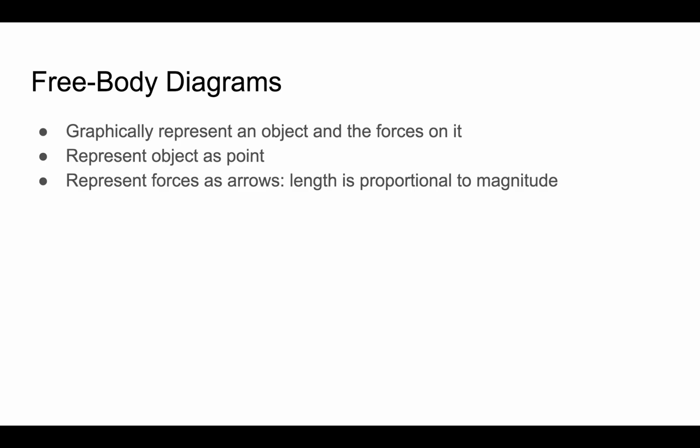So we'll draw the object as a point, and then each force is an arrow that points from the point outward. The length of the arrows is proportional to the magnitude of the force, and of course they point in the same direction as the force. Note that it might be a bit difficult to draw a free body diagram for 3-dimensional problems, given that paper is 2-dimensional, but you shouldn't have to deal with this too often.